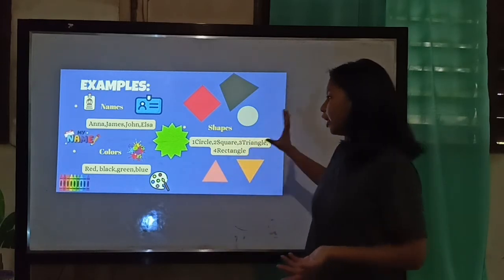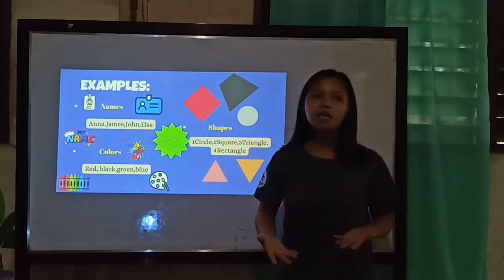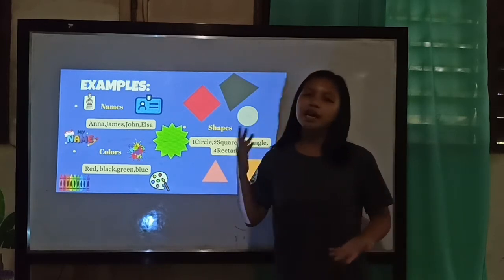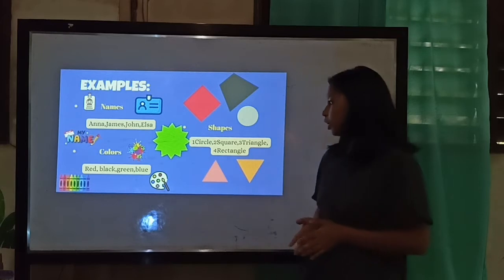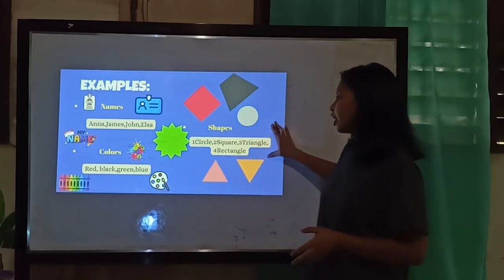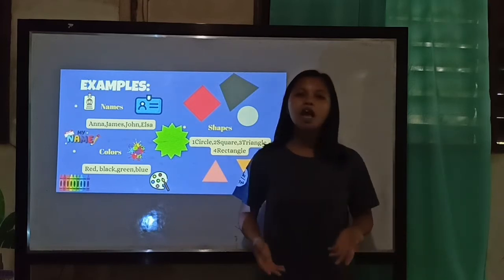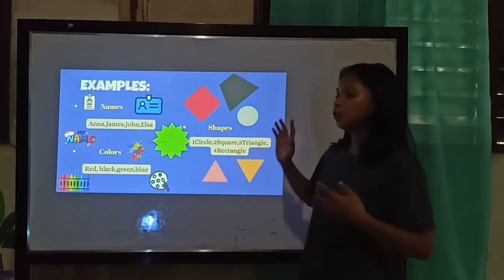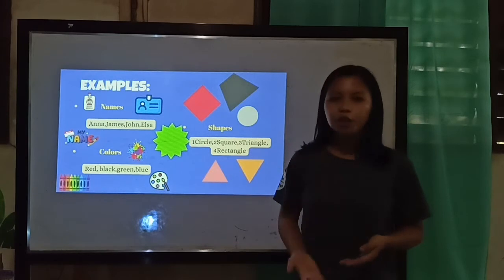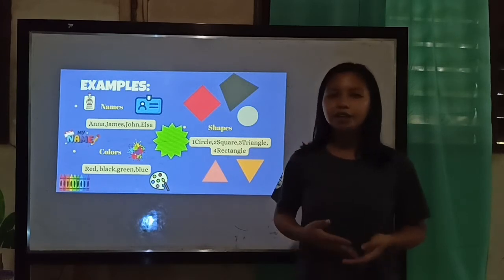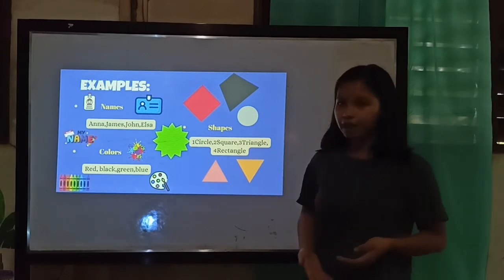However, the number labels don't include any meaning. So the circle, square, triangle, and rectangle are an example of nominal data because they don't include any ranking, order, or hierarchy. It is just categorized.